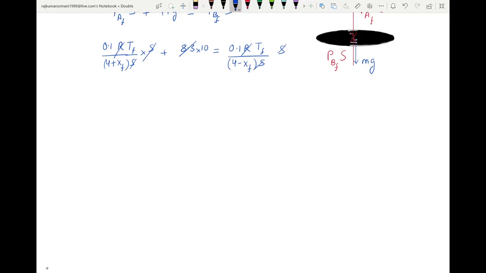So it's going to be 0.1 TF. I would send this term to the right hand side, and I am getting on the left hand side 10 is equal to 0.1 TF coming common, 1 upon 4 minus XF minus 1 upon 4 plus XF, that would be like 2 XF upon 16 minus XF square.